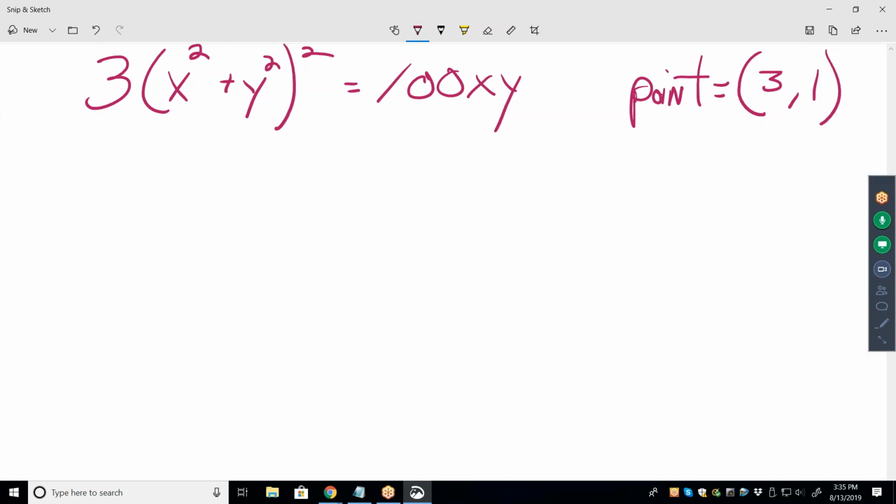Like circles. Nonetheless, you can still find the slope of the tangent line on a non-function. And that's the point of this. So the question is, determine the slope of the graph at that point.